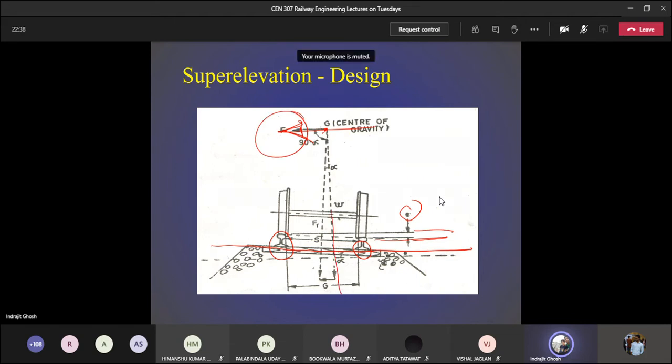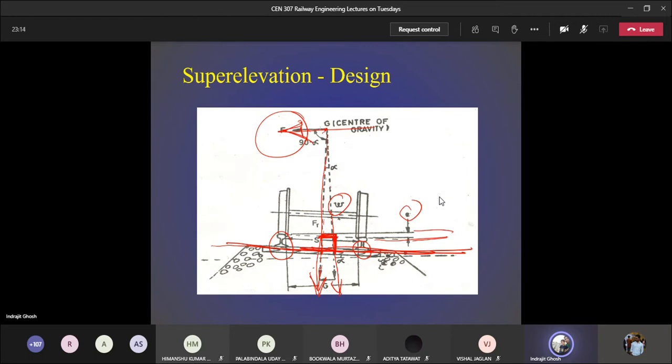This is the weight of the train, W. Now if you look at the resultant of these two, which is this dotted line, equilibrium super elevation is when this resultant works at 90 degrees to the surface of the rail. So this is perpendicular. At this particular stage, we call this the equilibrium super elevation.